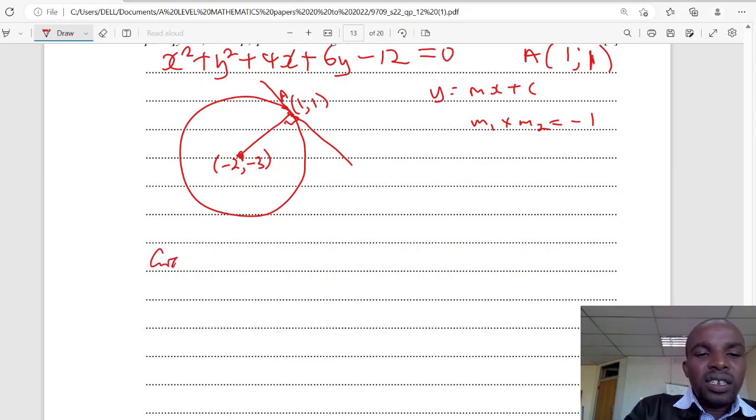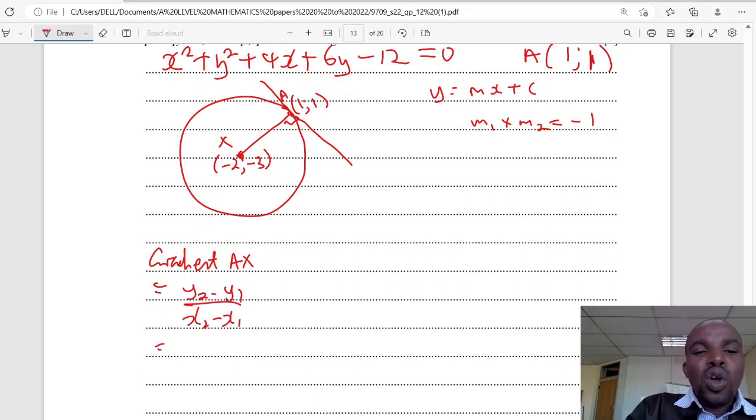Call this point x. The gradient AX equals y2 minus y1 over x2 minus x1.